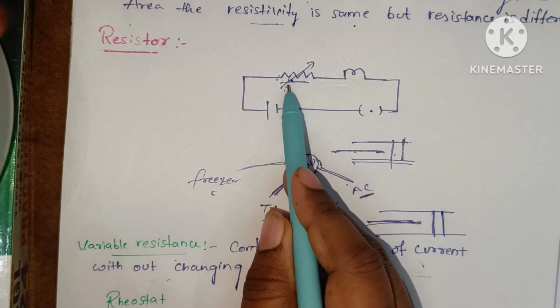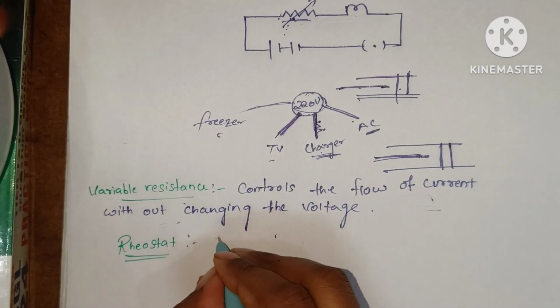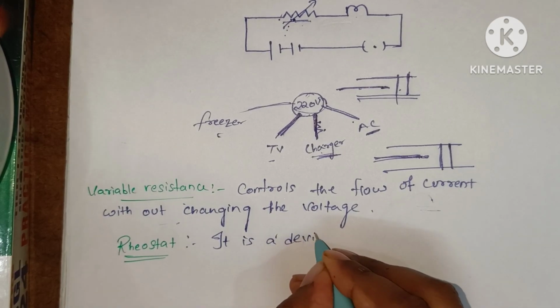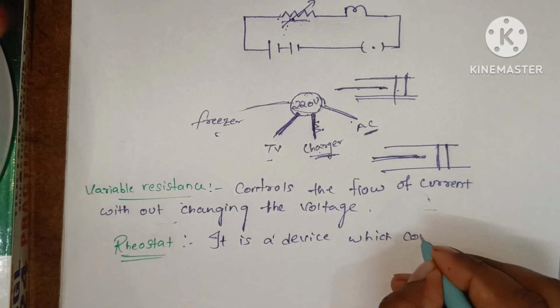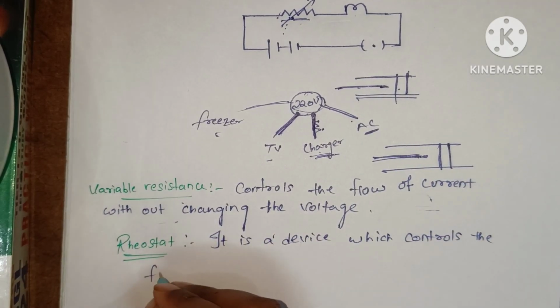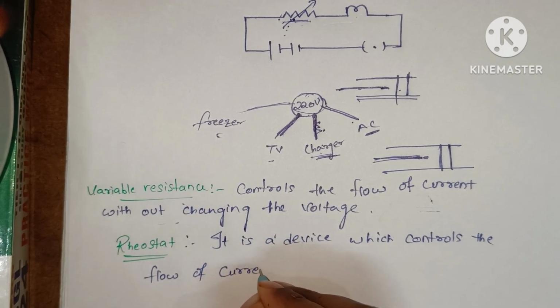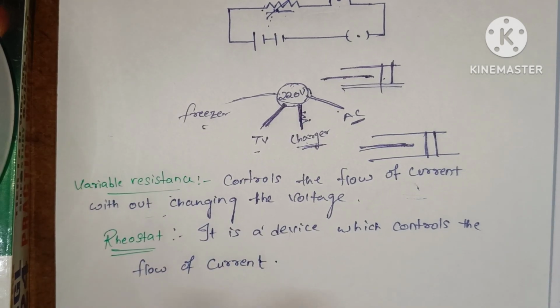It can decrease, it can increase also. So it is a device which controls the flow of current. Understood?